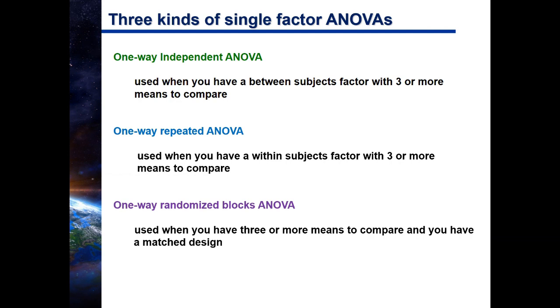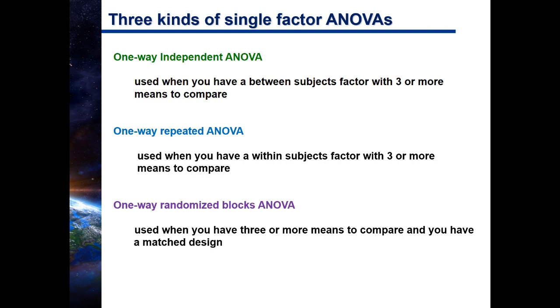And actually, this is kind of cool, and it really makes sense to give this its own separate name, because remember that when we learned about t-tests, the dependent t-test is run in one of 2 situations. The first situation is where you have a within subjects factor, so you have the exact same people in each level, and there's only 2 means to compare. That would be a dependent t-test.